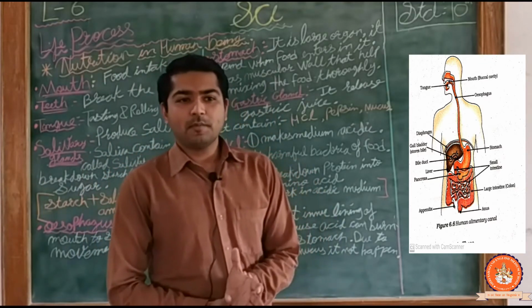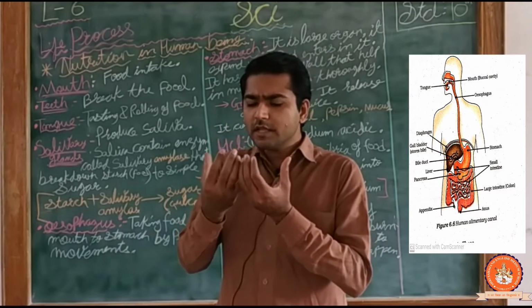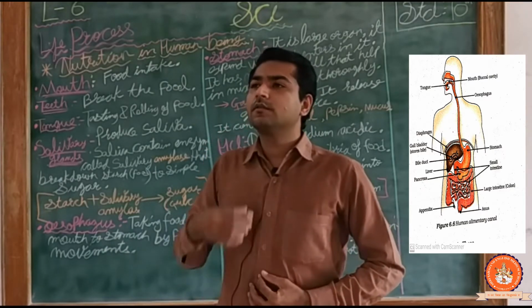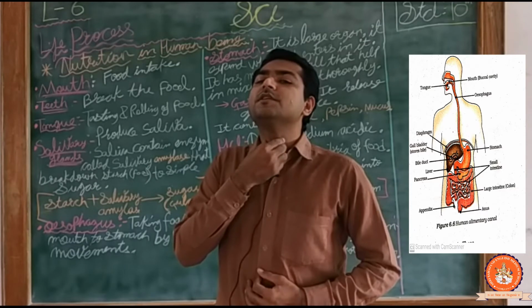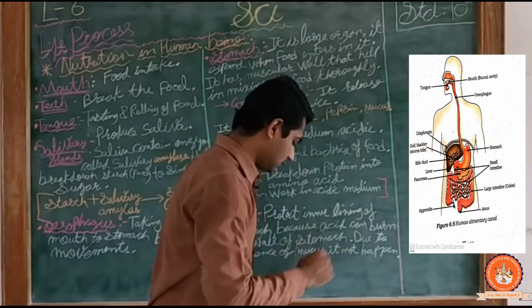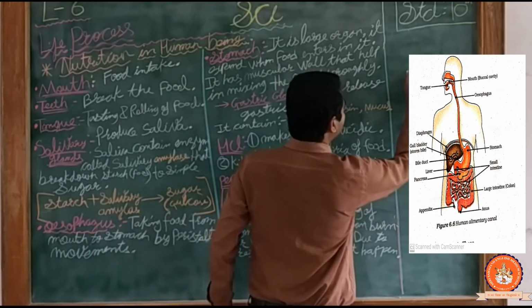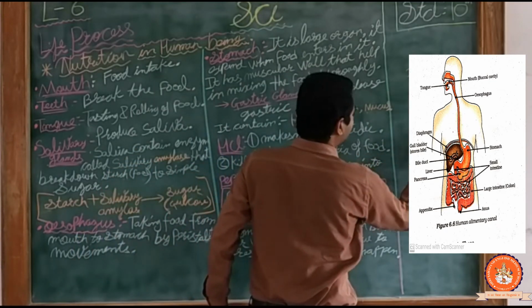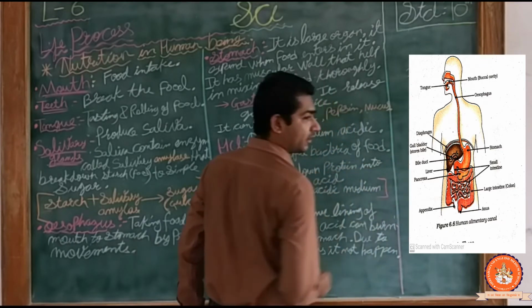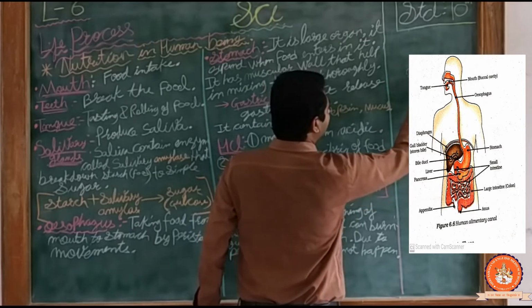Peristaltic movement means when you push your food into your stomach, the pipe which is here contracts from above. See here, this is your mouth, the food is coming here, and this is your stomach here. When you eat the food here, it will come down.